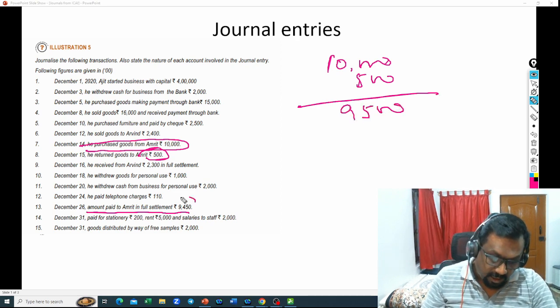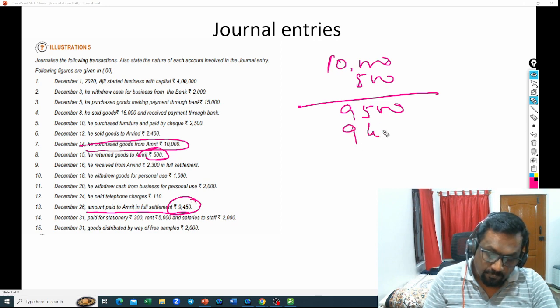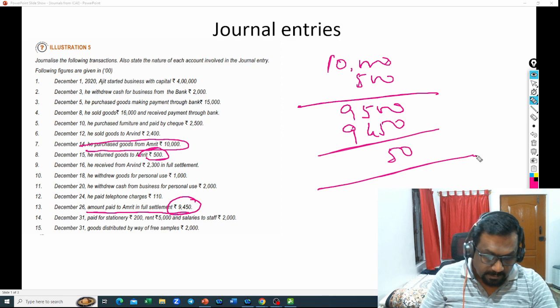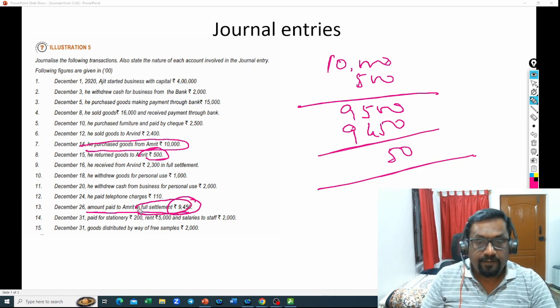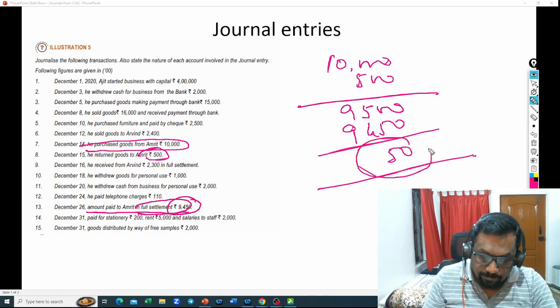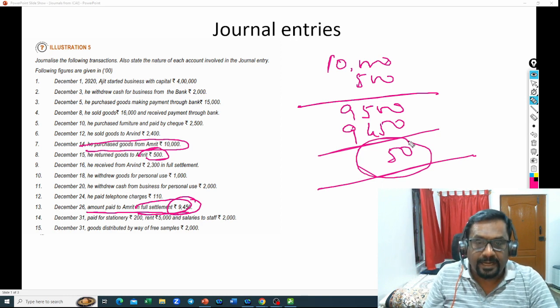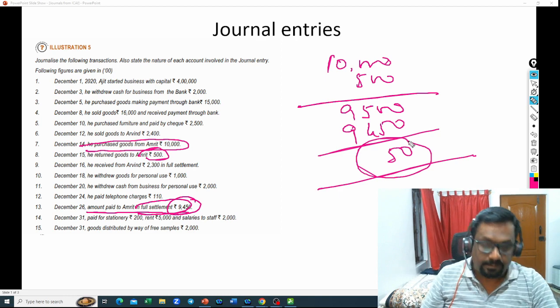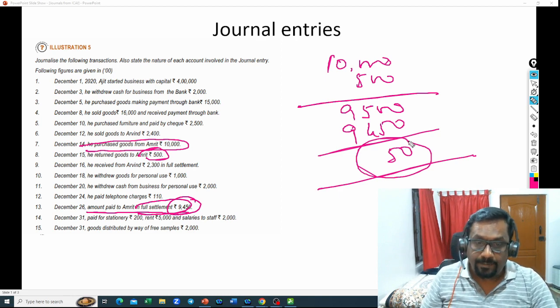How much did we pay? 9,450. So 50 rupees we did not pay, but this is a full settlement. When we say full settlement, this 50 rupees that we did not pay will be considered as discount received from Amrit. That is a gain for us, right?